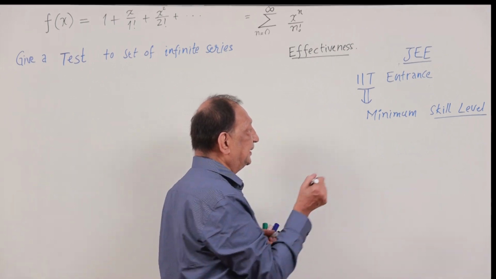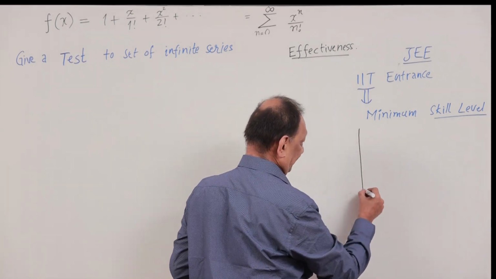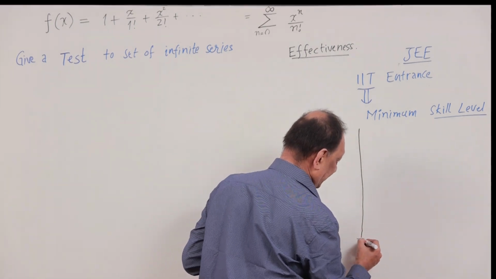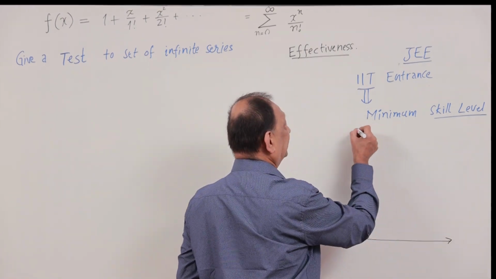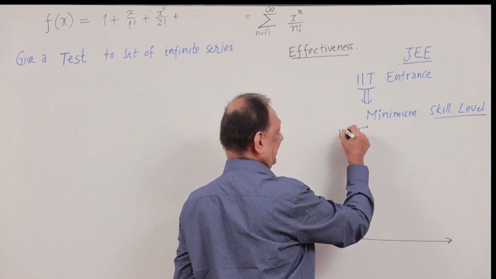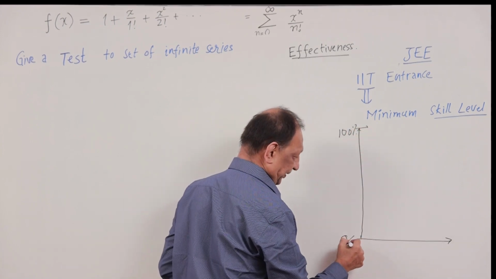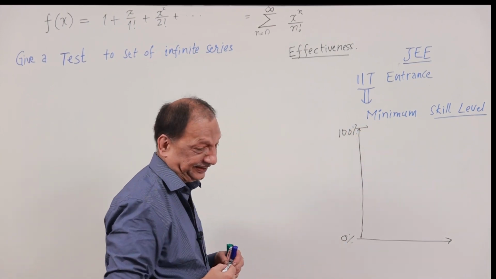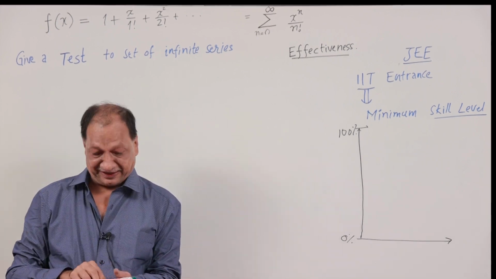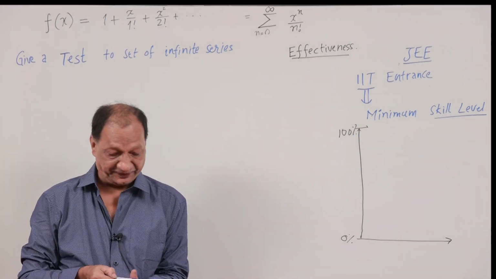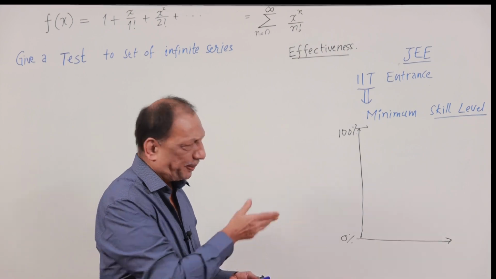So if you look at the students, what do they score in the test? 100% is the maximum score you can score, right? I don't know if somebody scores 0% in the test, they are definitely not going to be admitted to IIT, right? And what is the pass percentage?